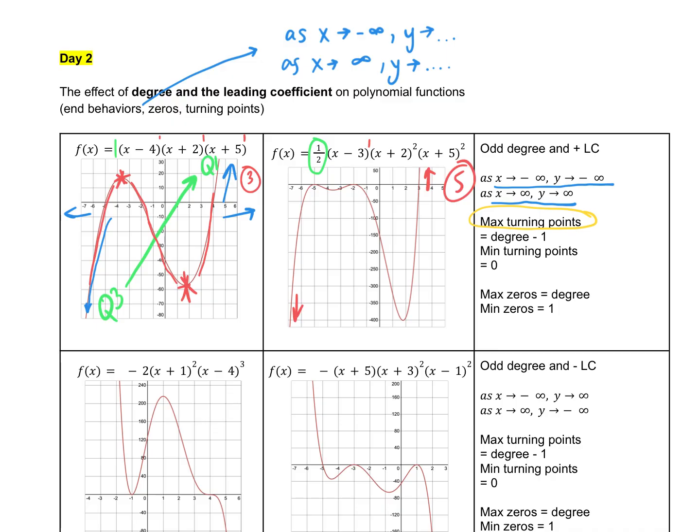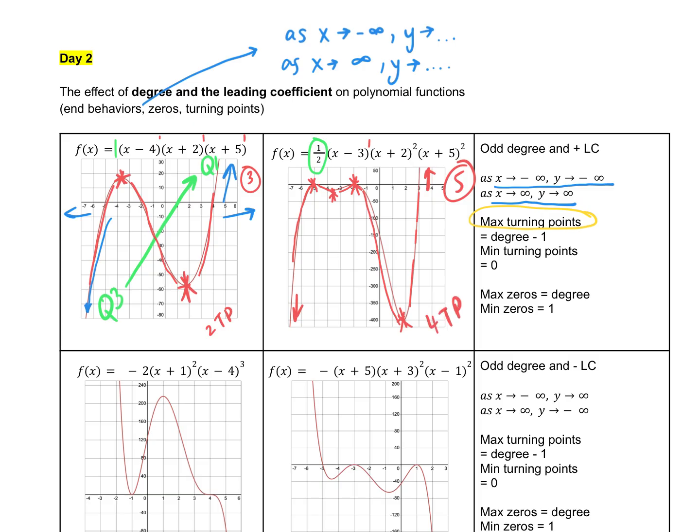So this first function here has two turning points. The next one, I'm increasing, then I turn. I decrease, then I turn. I increase, I turn. I decrease, I turn, and then I increase the rest of the way. This one has 4 turning points.